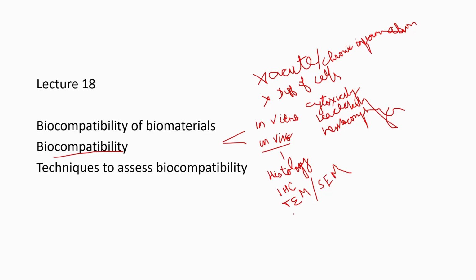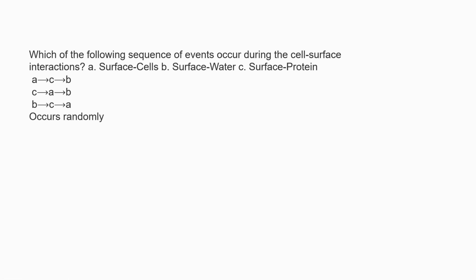Now that we covered what all things were taught in this week's lectures, in lecture 16, 17 and 18, we'll see the assignment problems for this week. Okay, so now we'll start the assignment problems.